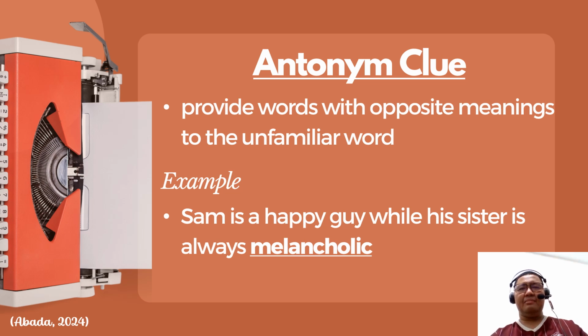We have melancholic as the word, and we have happy. If the sister is melancholic, what's the opposite of this? Happy. So happy is opposite to melancholic, meaning melancholic is sad, perhaps lonely.